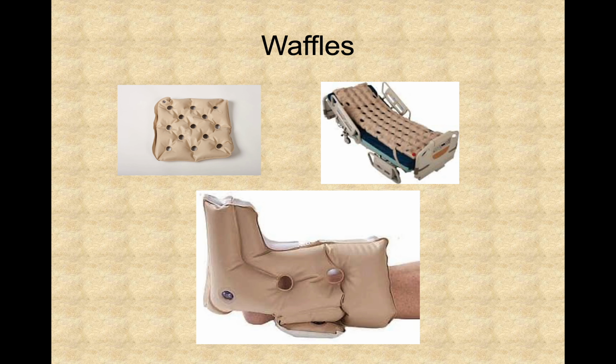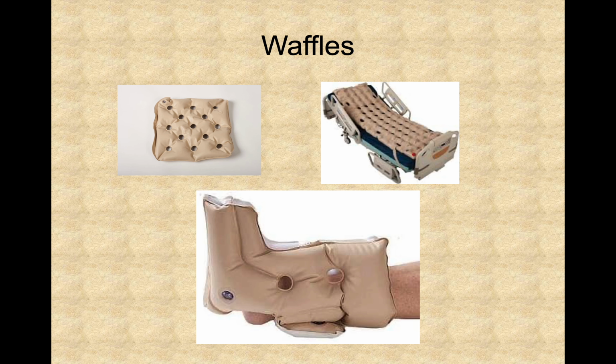But basically, when we're talking about a pressure relieving device, the point of them is to do the same thing. It's to redistribute that pressure across the body so that it's not all in that one pressure prone place.